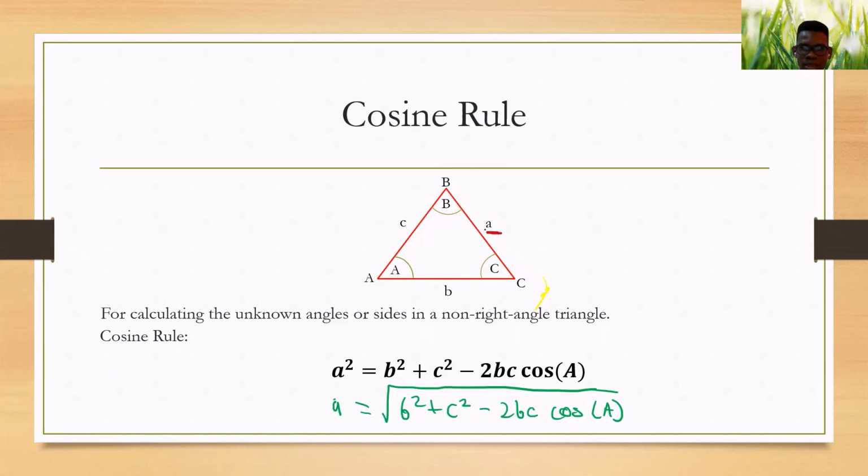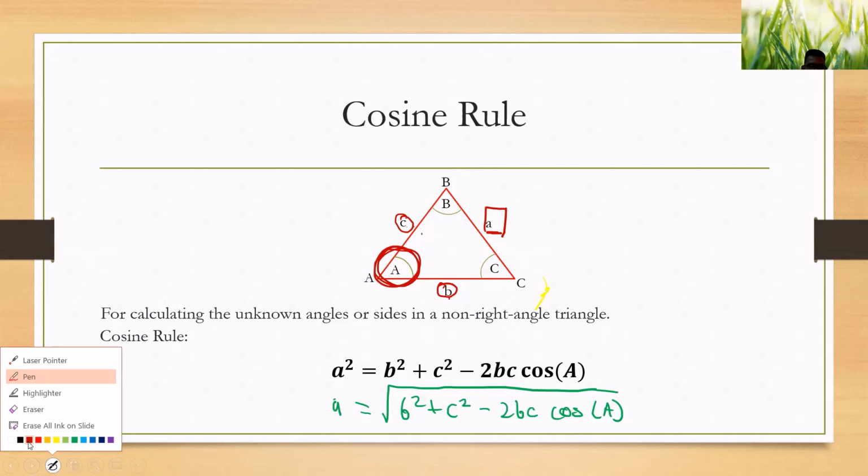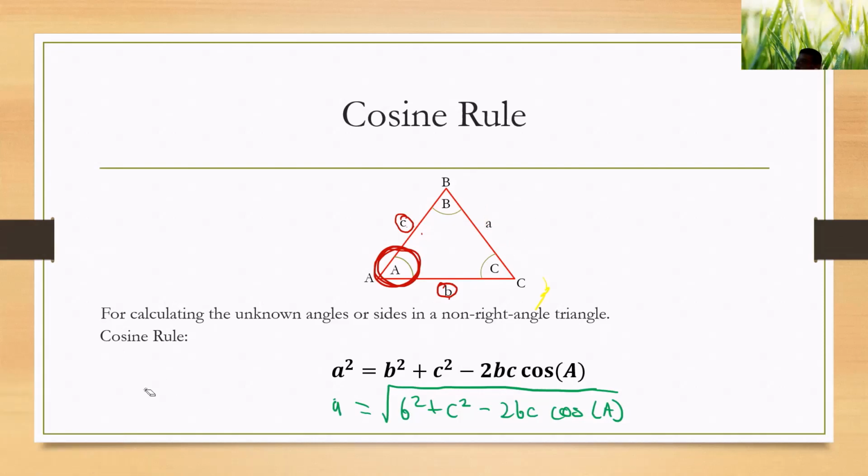So this side, they're saying that the length of this side, a or BC, squared is equal to b squared plus c squared minus 2bc cos A. So if you notice, the stuff that I've circled are what I would call on a V. Right? The stuff that I circled are what I would say is on a V.